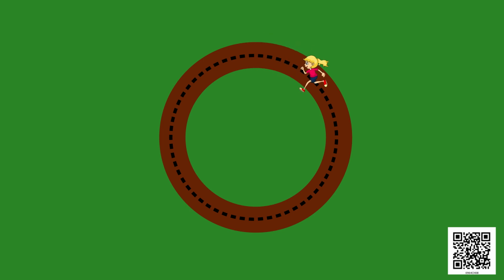I am just showing this video clip. This is the circular track. Usha is running on this 200-meter circular track twice. That's why you have to find out the distance and displacement of Usha whenever she completes 2 rounds in this circular track.